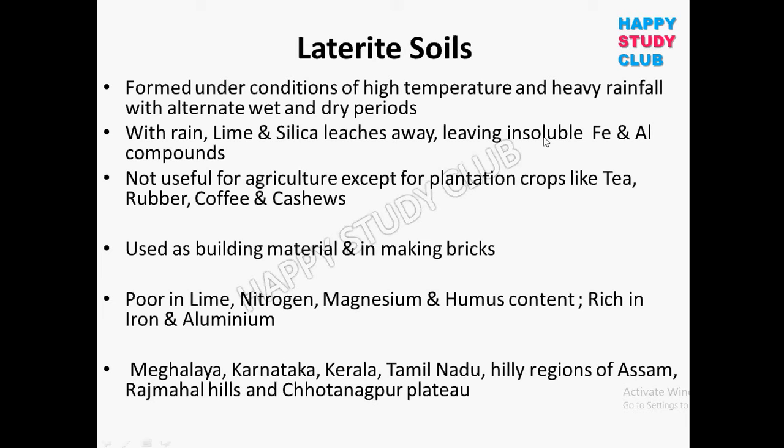With rain, lime and silica leach away, leaving insoluble iron and aluminum compounds. When it rains, lime and silica leach away from the soil, and this process is known as desilication. When lime and silica leach away, it makes the soil infertile.